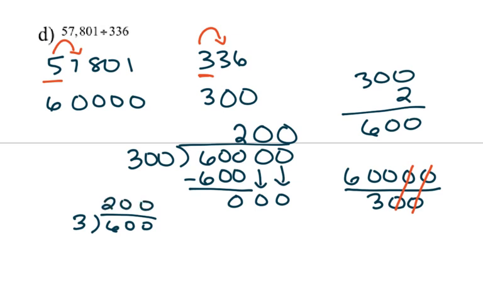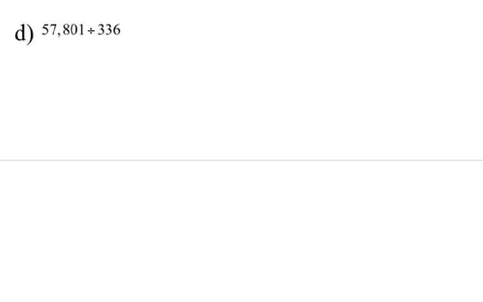So that's another way to do this using a quicker method. With front-end rounding, the estimate of 57,801 divided by 336 is 200.